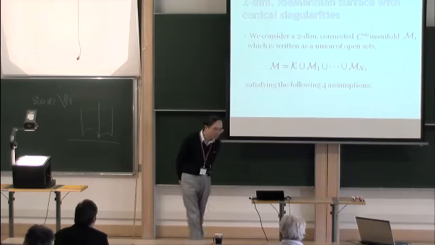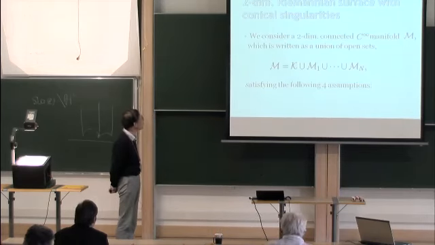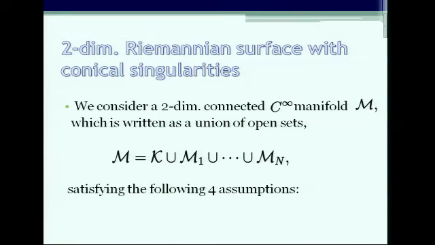So I give the definition of a two-dimensional Riemannian surface with conical singularities. We consider a two-dimensional connected infinity manifold, which is written as a union of open sets satisfying the following assumptions.